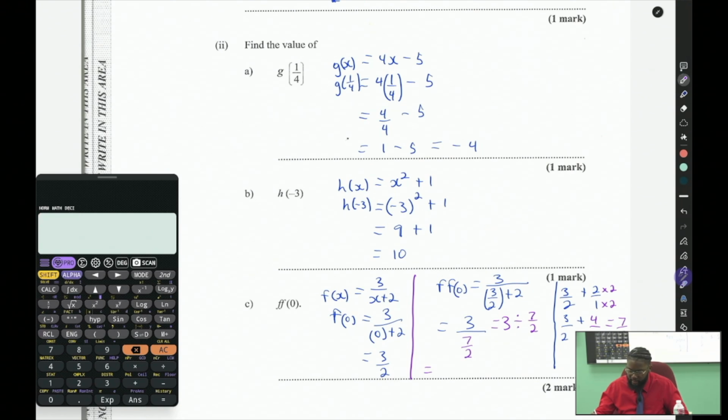So that's KCF. So keep the first fraction, which is 3 over 1. Change the sign to multiplication, and then flip the second fraction, which is going to become 2 over 7. So our answer is 3 times 2, 6, over 7 times 1, 7. So our answer is 6 over 7.